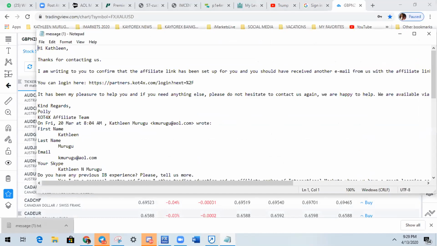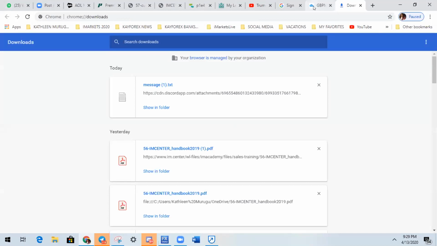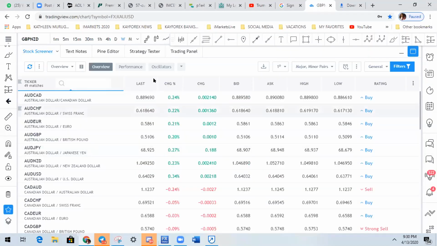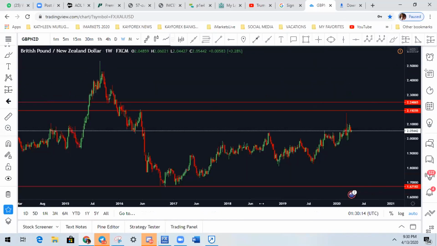What am I doing? My TradingView is really acting up today. Hit that stock screener button and it'll minimize that. The star? No, where it says stock screener. There you go. Anyway, I'm having issues with TradingView today.